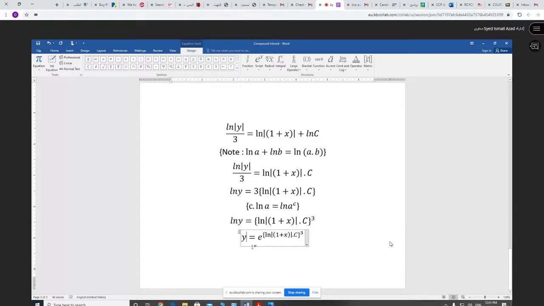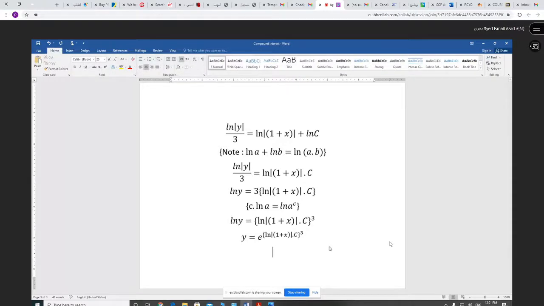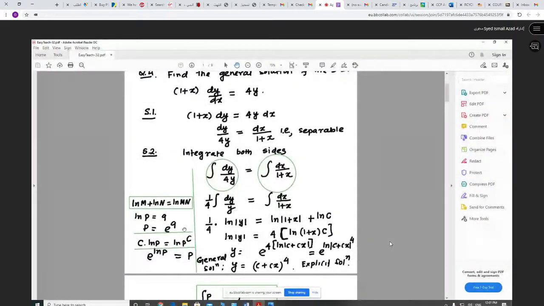So finally, y will be equal to, I think this property is written over here.